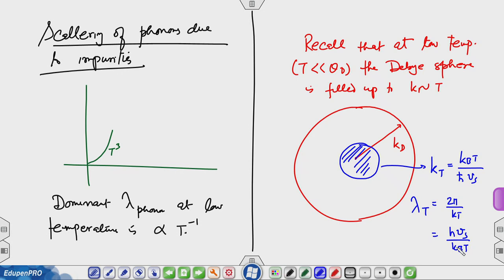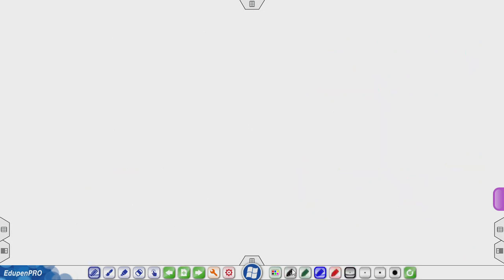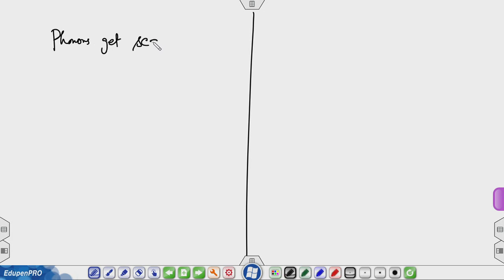And what happens at larger wavelengths? These phonons get scattered by these impurities, again a scattering mechanism. So, phonons get scattered by impurities.